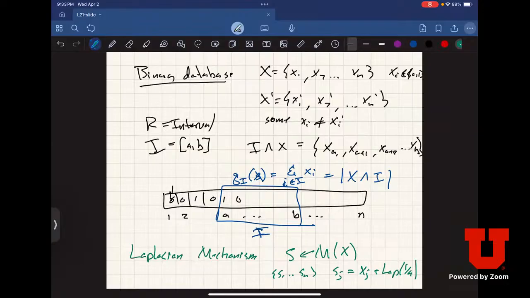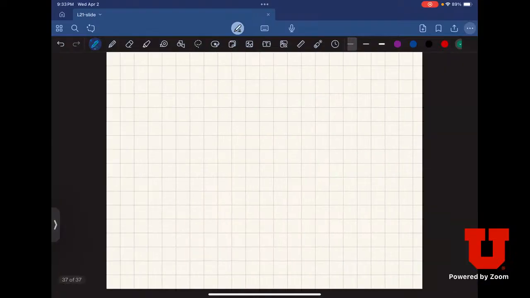But I have to store this full data set S with noise on everything. So what if I ask a range query? How about a query on S, a query defined by an interval on S?